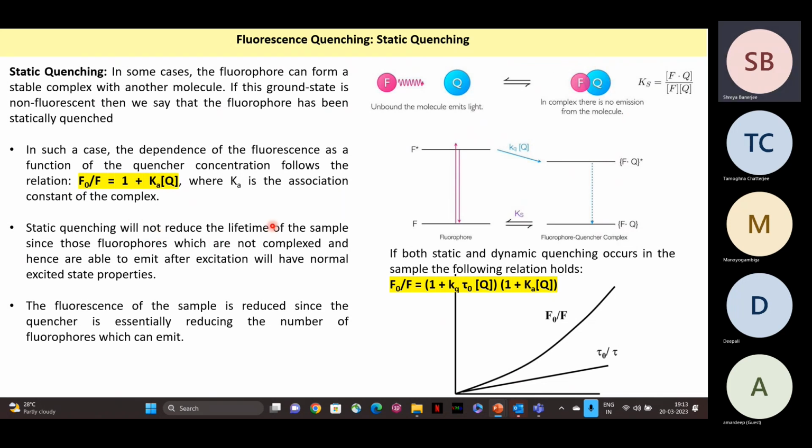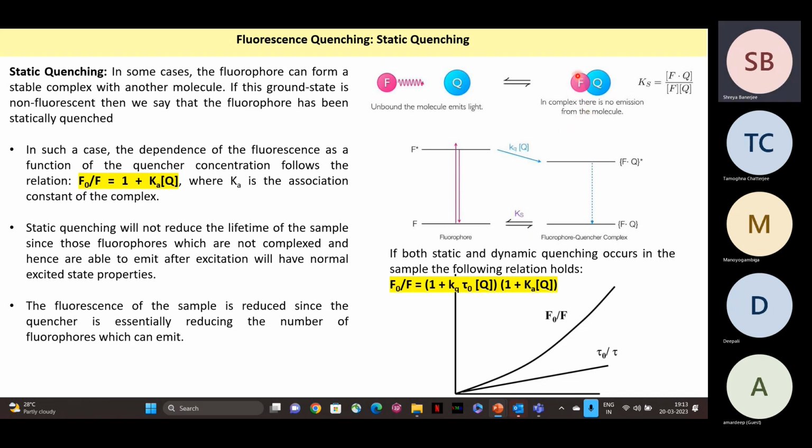Static quenching will not reduce the lifetime of the sample. The uncomplexed fluorophore has normal excited state properties, and so the lifetime remains the same in static quenching because not 100% of the fluorophore molecules are forming complex.